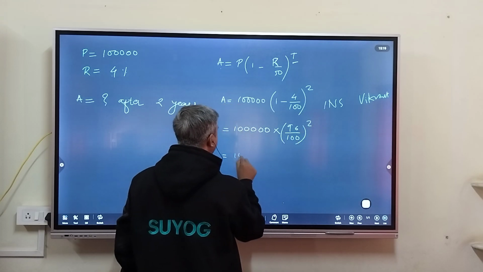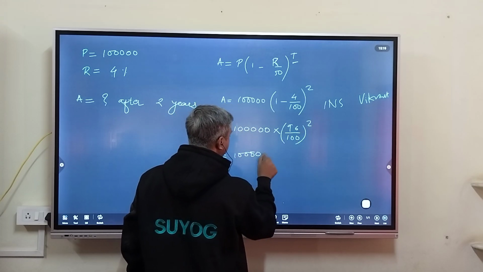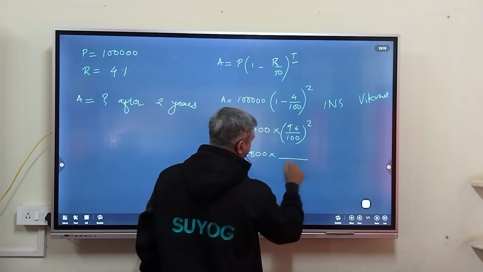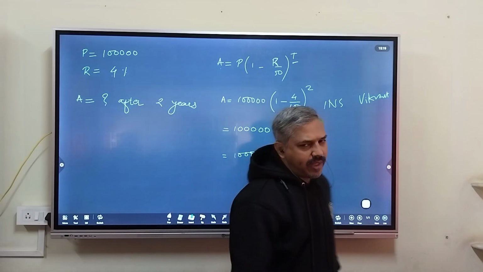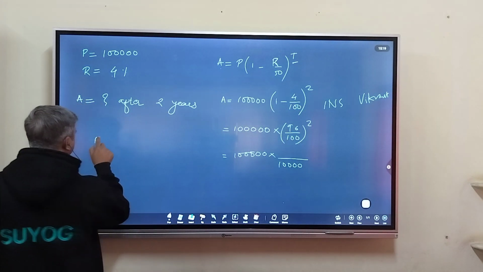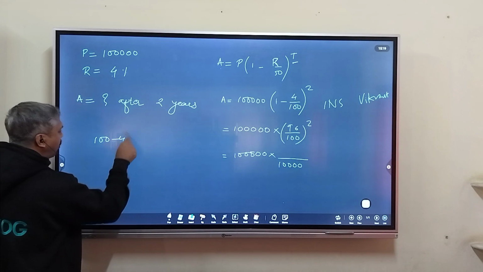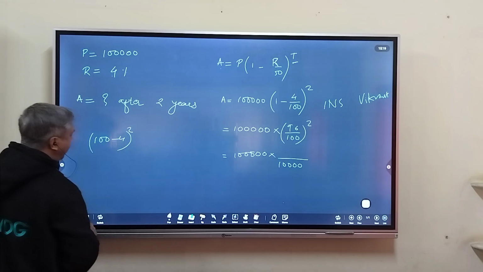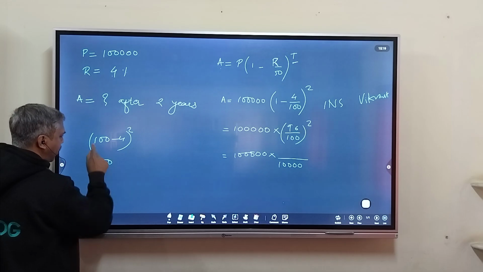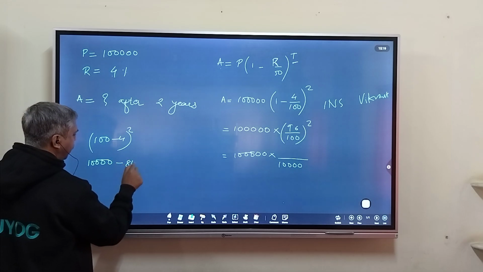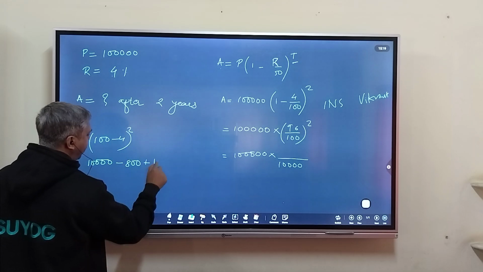This is equal to 1 lakh into, 100 square is 10,000, and 96 square. 96 square is (100 minus 4) whole square, a minus b whole square, a square minus 2ab plus b square.